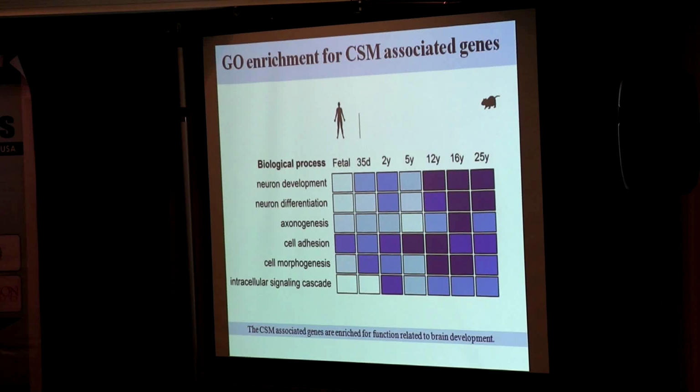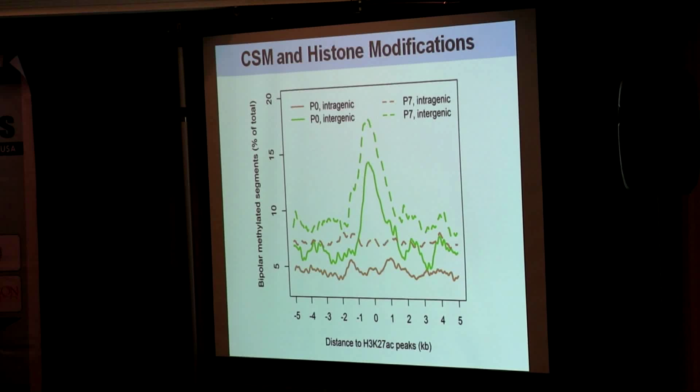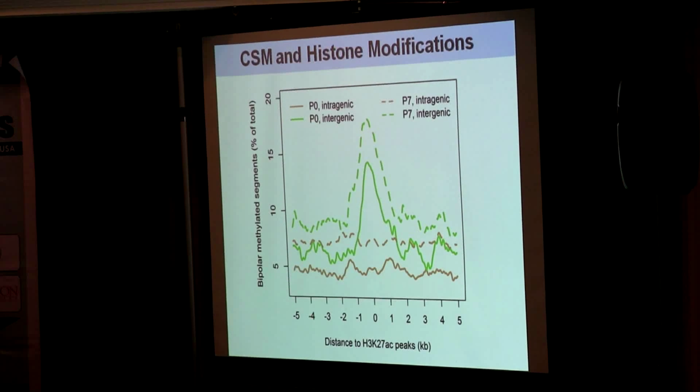So the next question is, are they enhancers? Yes, we tried to overlap the data with histone modifications. Here is H3K27ac, an active enhancer mark. This is data from a Cell paper published last year, from P0, which is birth in the mouse, and P7, which is 1 week.